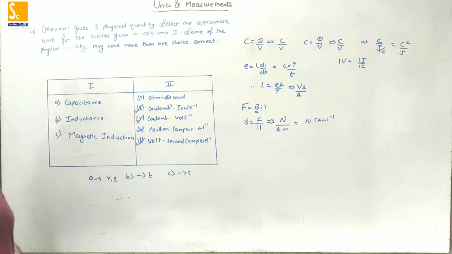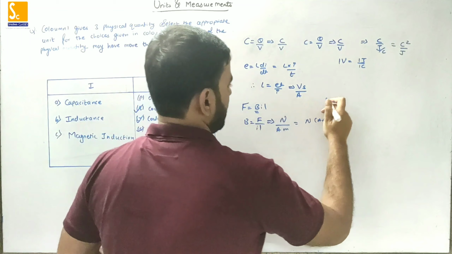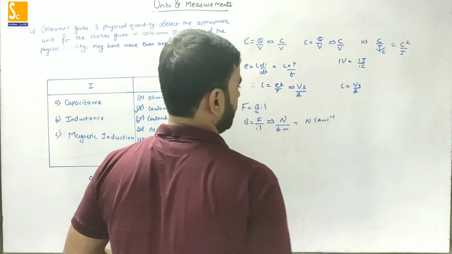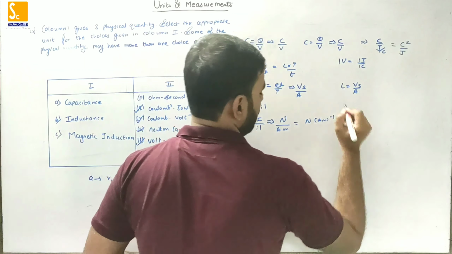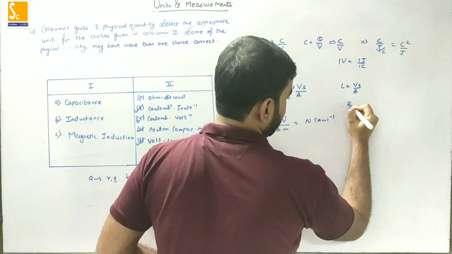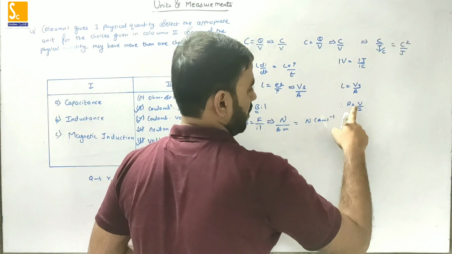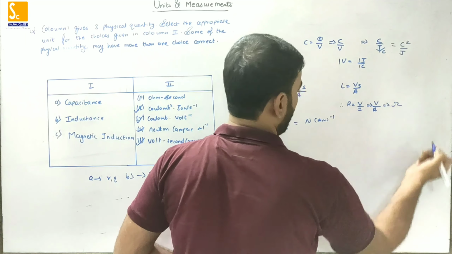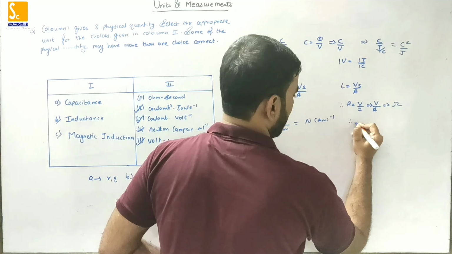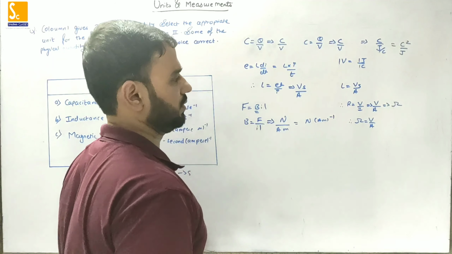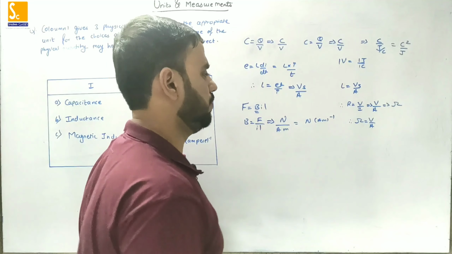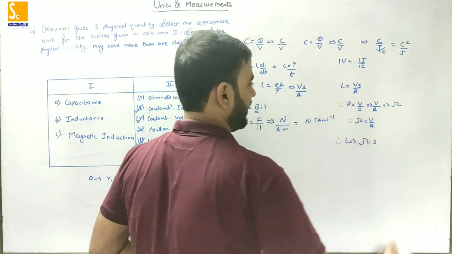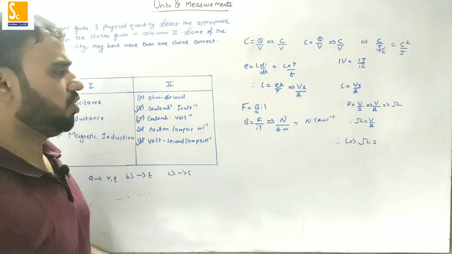Okay, fine. Next we will see inductance. Can inductance have some other formula? Come over here. Inductance L is equal to volt second upon ampere. What is the unit of inductance? Volt second upon ampere. Now, can I say that resistance is nothing but voltage upon current, potential difference upon current? The potential difference unit is volt, the current unit is ampere, and that is nothing but ohm. We know the SI unit of resistance is ohm. Therefore, can I say ohm is nothing but volt upon ampere? Correct. So instead of volt upon ampere, I will write ohm. Therefore the unit of inductance becomes ohm second.